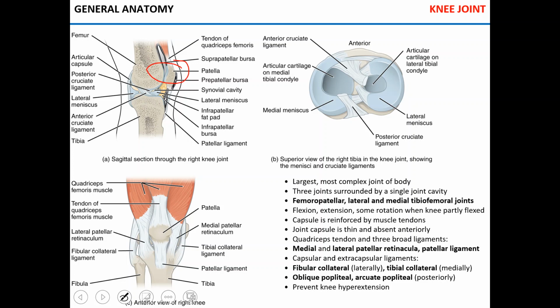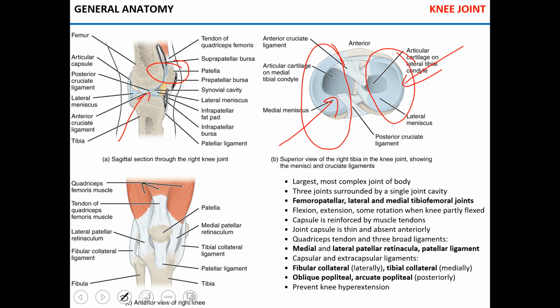So, for example, here you can see the lateral femoropatellar joint. This part will be the medial. Not femoral, sorry. Lateral tibiofemoral and medial tibiofemoral. Only one femoropatellar.